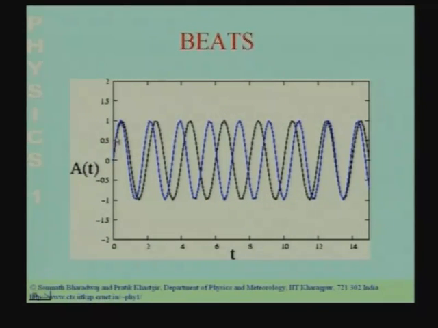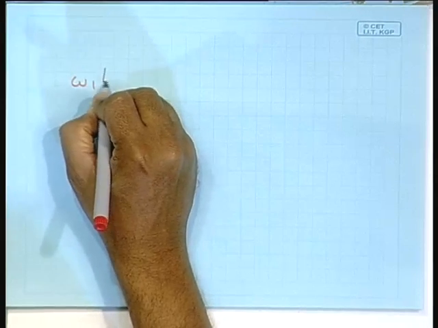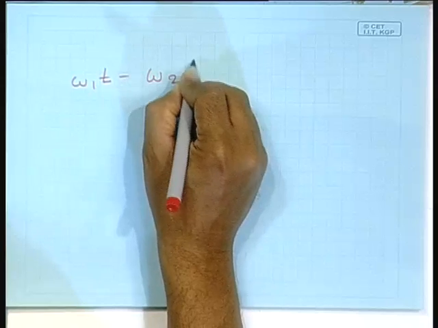As t increases, the difference keeps on increasing. There is a difference between omega 1 t and omega 2 t, and this difference keeps on increasing.